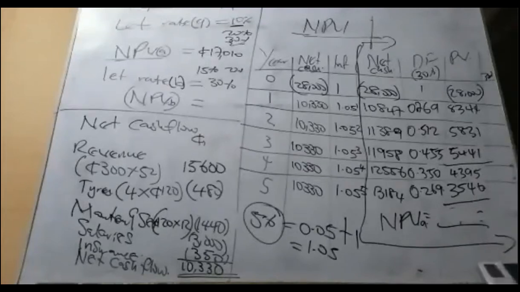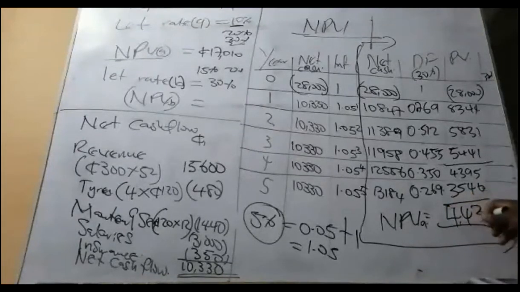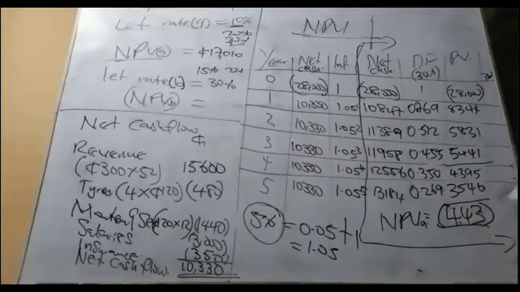That gives us negative 443. Wow, negative 443. Perfect, it's negative. So put this in brackets. NPV is negative. That's perfect.